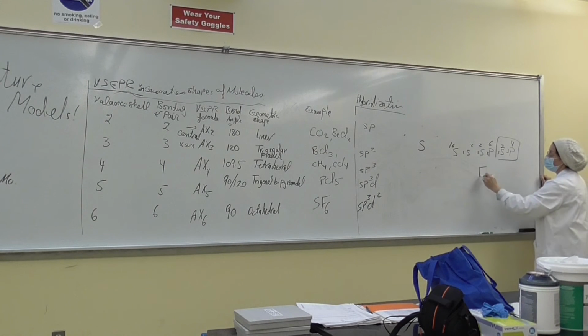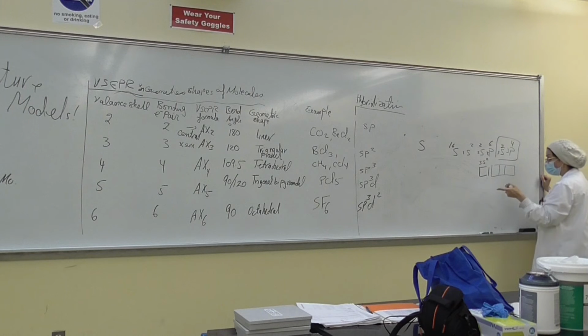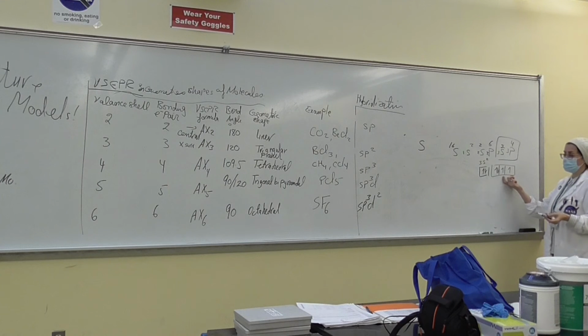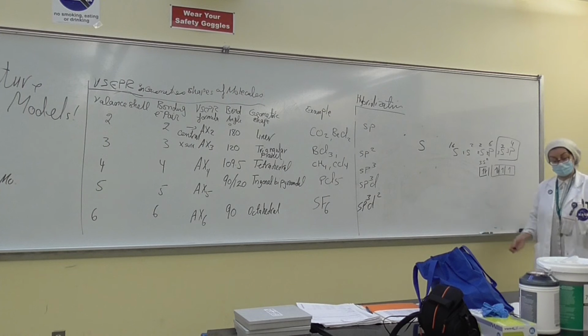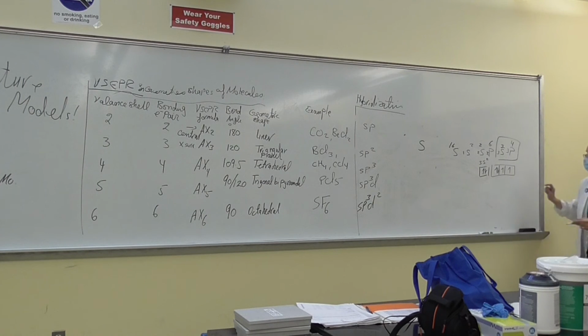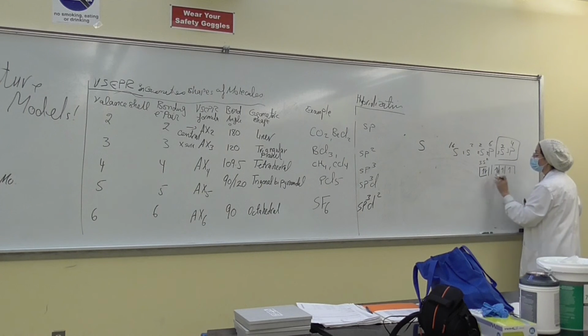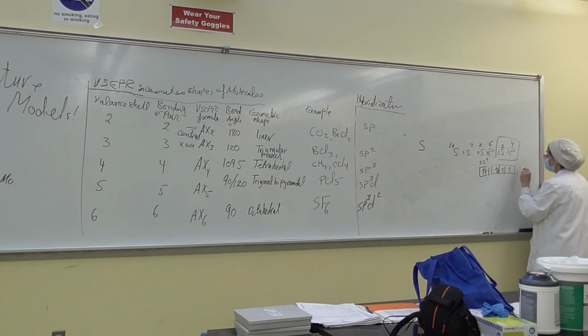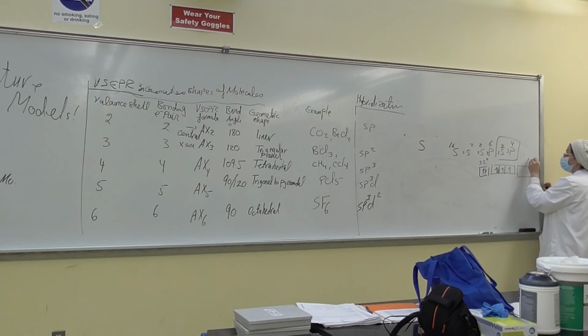So, again, we have 1 coming from the 3s, it has 2 electrons, and the other one has 4. But that means we should be having SF2 only. Oh, sorry, 6. So that means we need another 2 single electrons. So we are going to jump into the 3D, from 3P here.